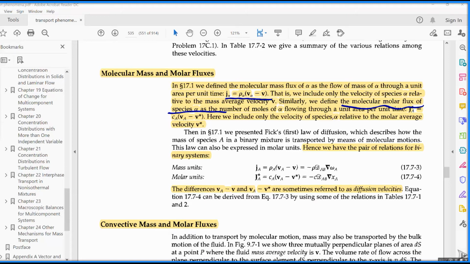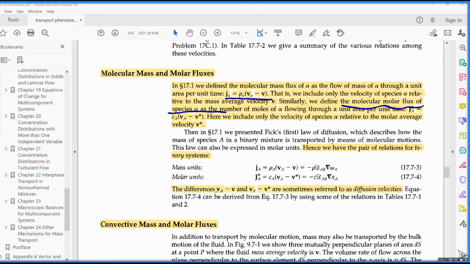Okay, now we have the relations. In mass units, the mass diffusive flux J A is given by this form. These are equal to each other. In molar units, we can define the molar flux by this form.